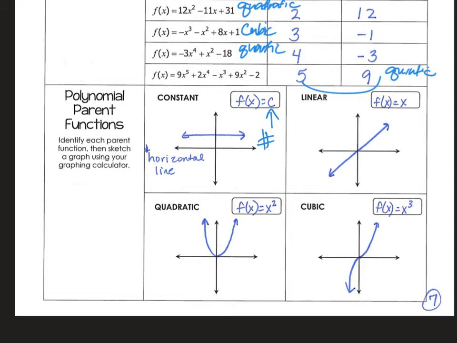Okay? For linear, this is first degree, so your parent function is f of x equals x. That's going to form a diagonal line. On the parent function, it goes through 0, 0, and has a slope of 1.